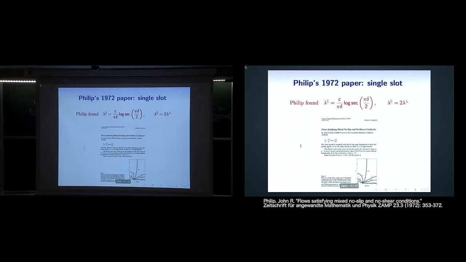Oh, here's his result, by the way. Here we go, look at this. Flows satisfying mixed no slip and no shear conditions. Very boring title. It was all about boring porous media flows. But it's got 165 citations in the last 8 years. And it's a theoretical paper with complex analysis.